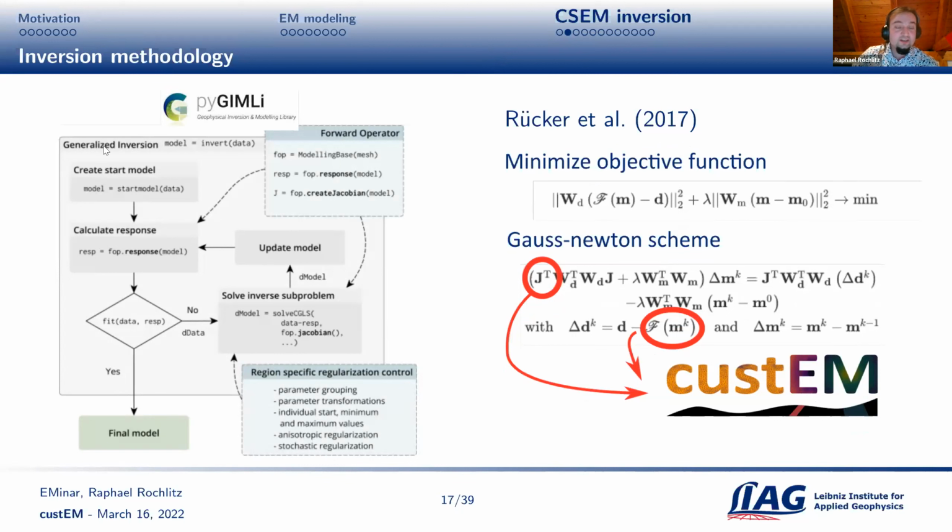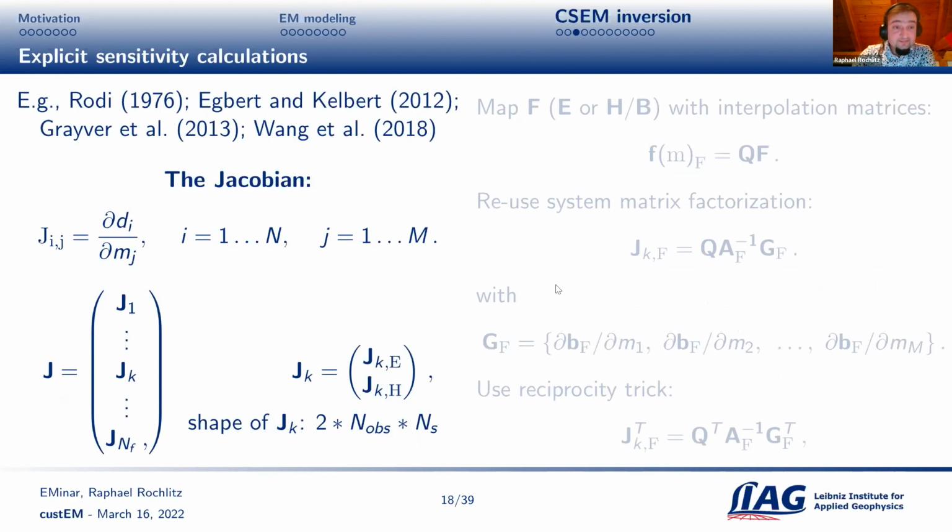So pyGIMLi has the inversion framework implemented, and we can set our own modeling base, our own forward operator, which is custEM, which already exists, and we of course need to get the sensitivities for our inversion, and this is what we were implementing in the last year. So going not only for forward modeling responses, but also for sensitivities.